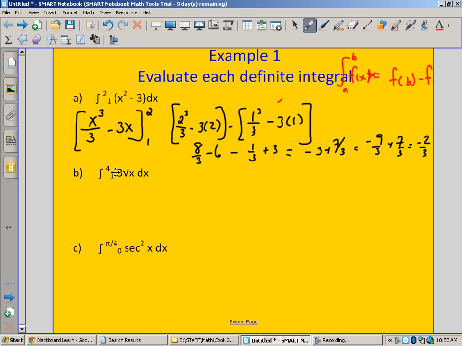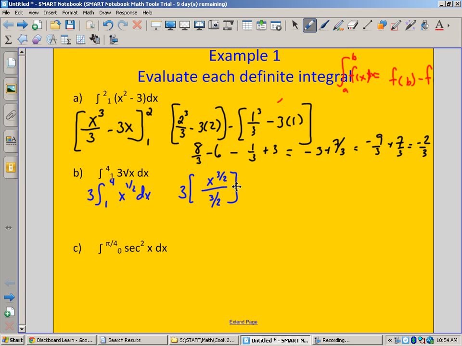It works the same for square roots, and in this problem we're going from 1 to 4. I could pull out my constant multiple and go from 1 to 4 of x to the 1/2 dx. When I do my integration, raising the power by one changes it to 3/2, so it would be x to the 3/2 divided by 3/2.